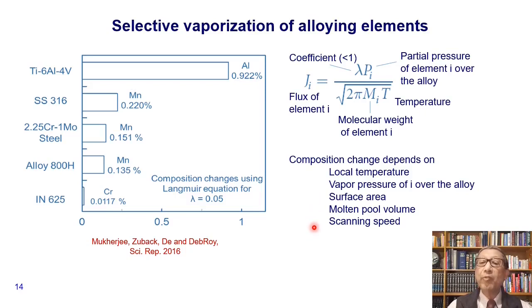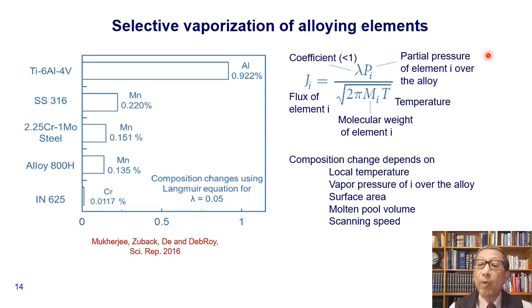And because we can determine the surface area and local temperatures, and we can calculate the vapor pressures, we can determine the local flux of volatile components at the surface of the molten pool. And it depends on the partial pressure of the alloy, the molecular weight, and temperature, and a coefficient gamma, which is always lower than 1, and it's sometimes called accommodation coefficient.